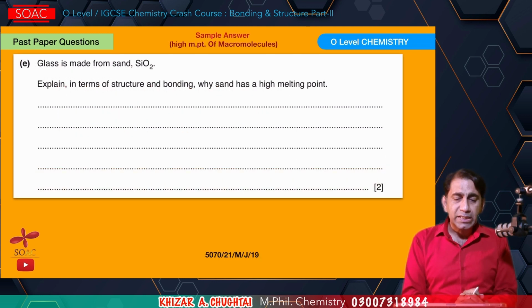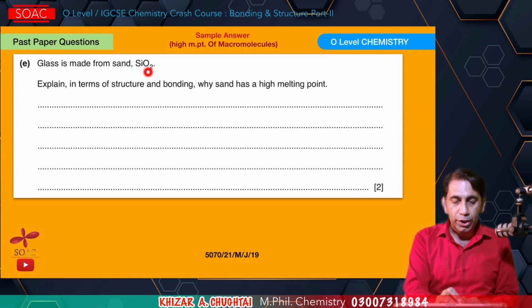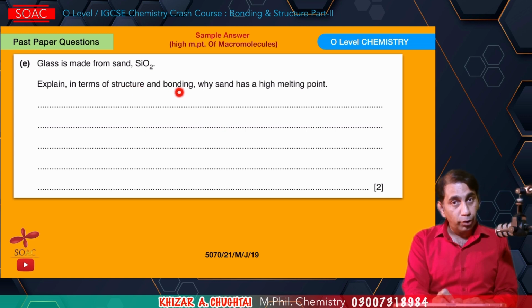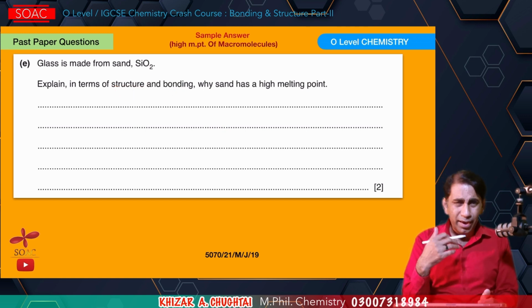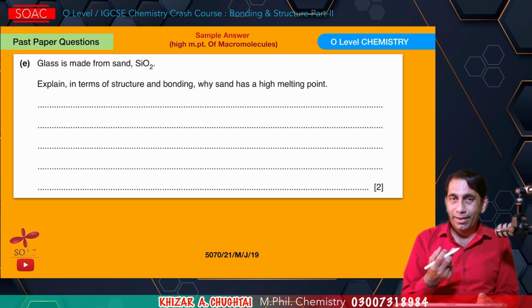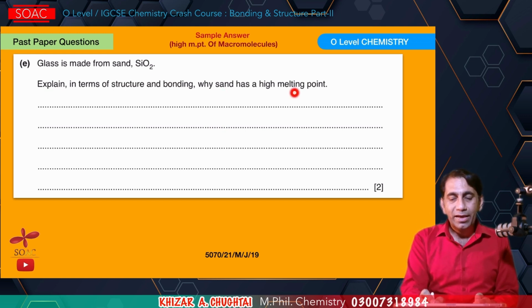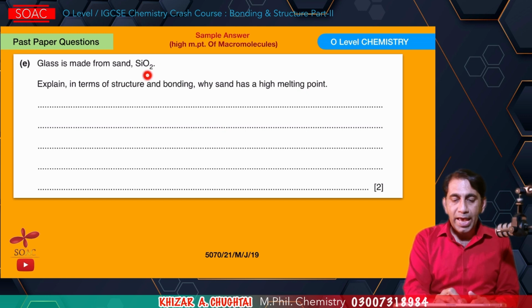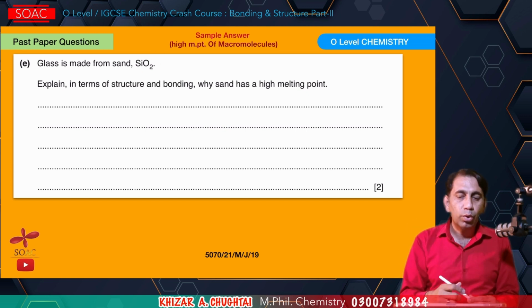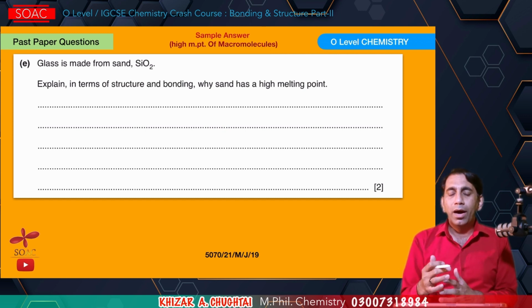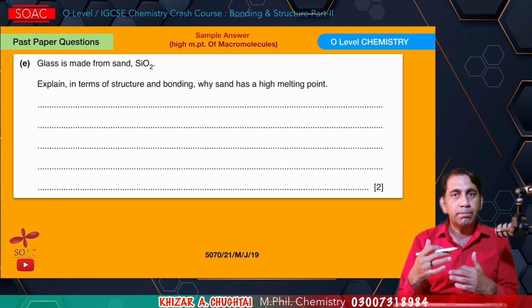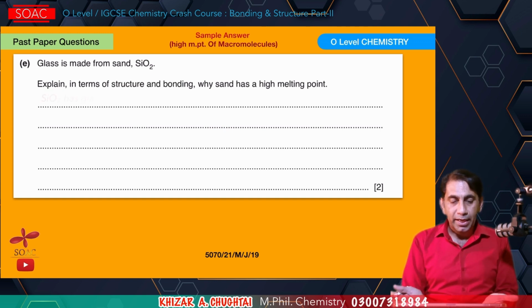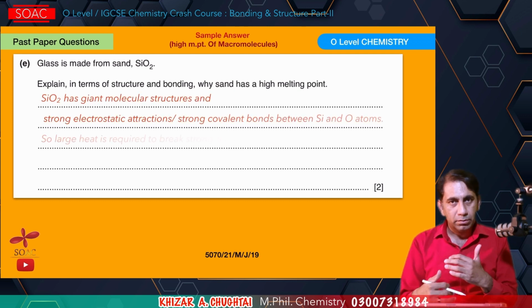Next one. Glass is made from sand, SiO2, that is the chemical formula of sand. Explain in terms of structure and bonding. Again and again, they are asking about structure and bonding. Why does sand have a high melting point? SiO2 is a macromolecule. It has a macromolecular structure, or its second name is giant molecular structure.